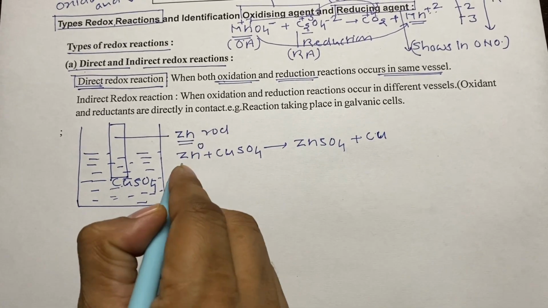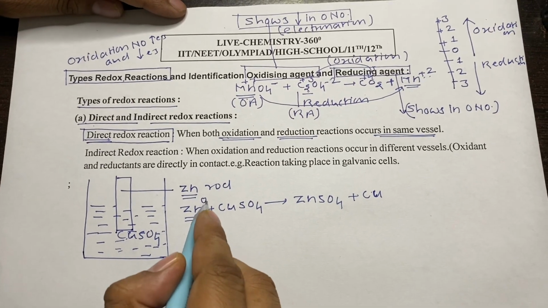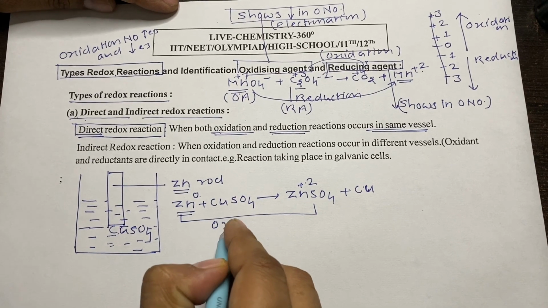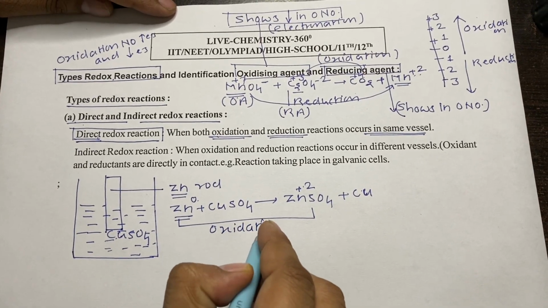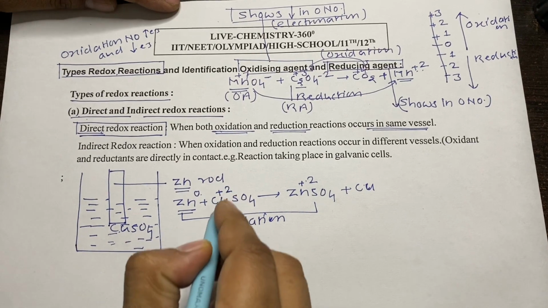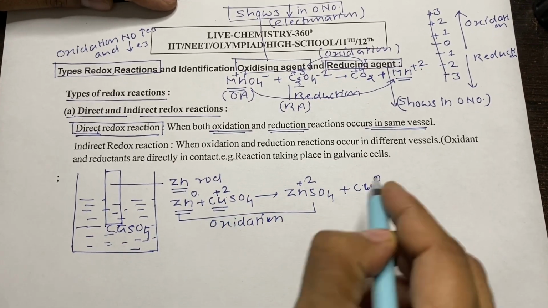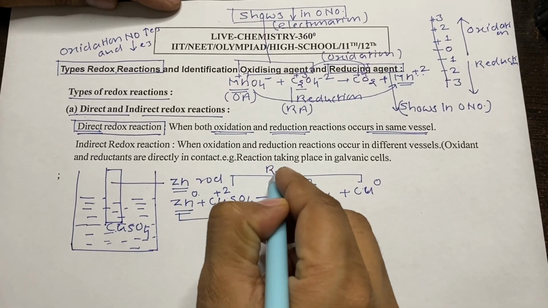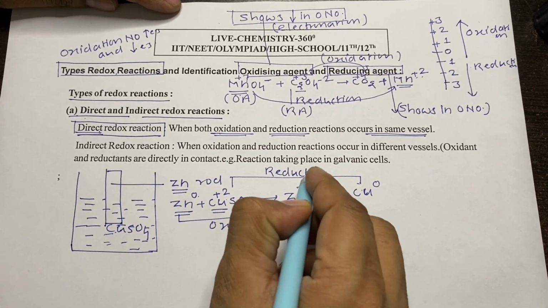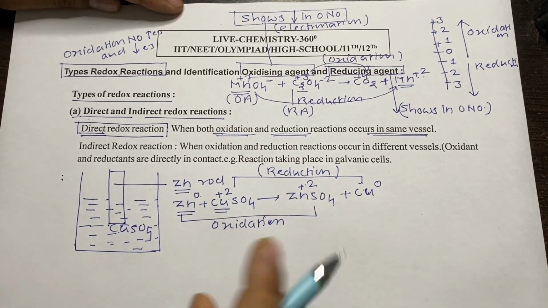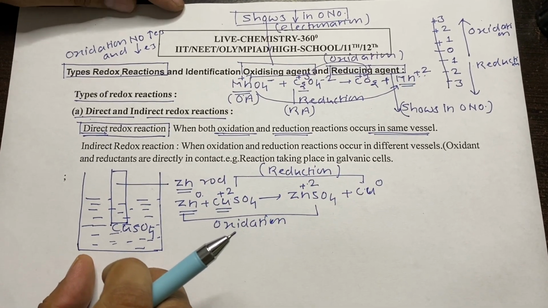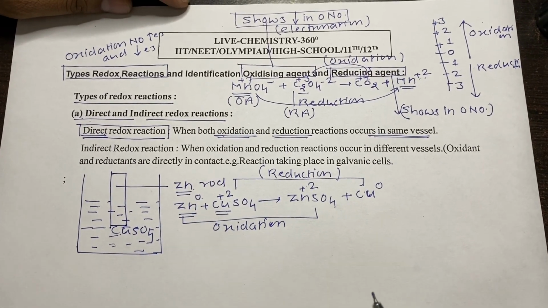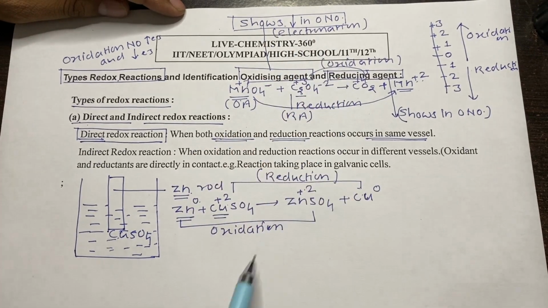There is a change in the oxidation number of zinc from 0 to +2. So it is oxidation, since the oxidation number is increasing. The change in oxidation number for copper is +2 to 0, and because the oxidation number is decreasing, it is reduction. So in this reaction, oxidation and reduction take place simultaneously in the same vessel. How can we identify the oxidant, which shows decrease in oxidation number?